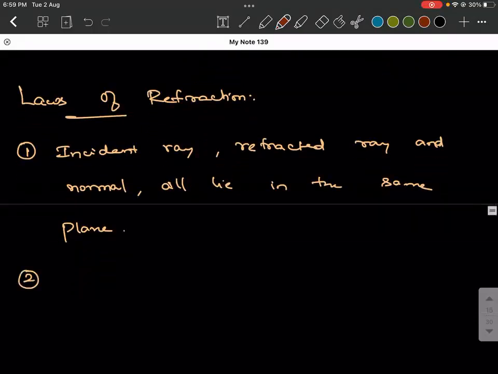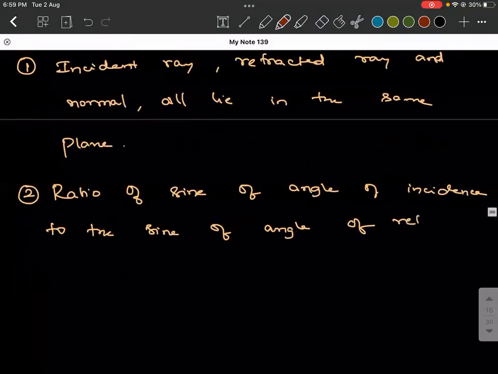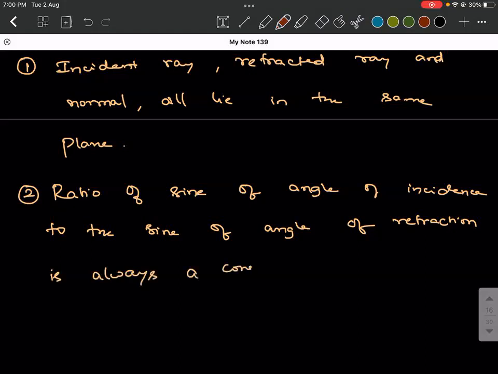And secondly, the ratio of sine of the angle of incidence to the sine of angle of refraction is always a constant.